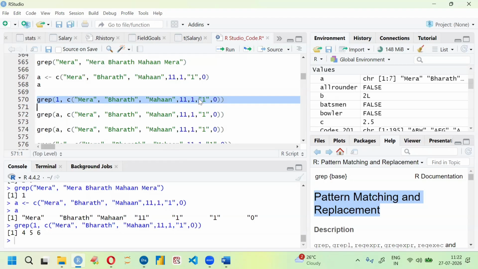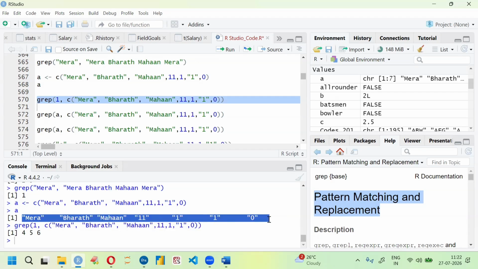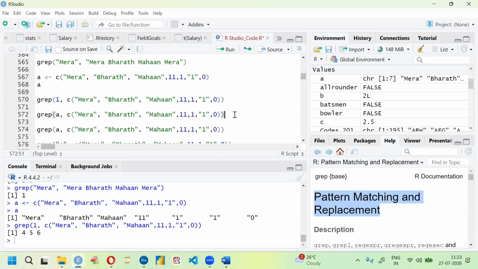So if you run that one, all the elements will be converted into one data type. Even the 1s and 0 are converted into textual data. That is the reason why we got 4, 5, 6 as the result.